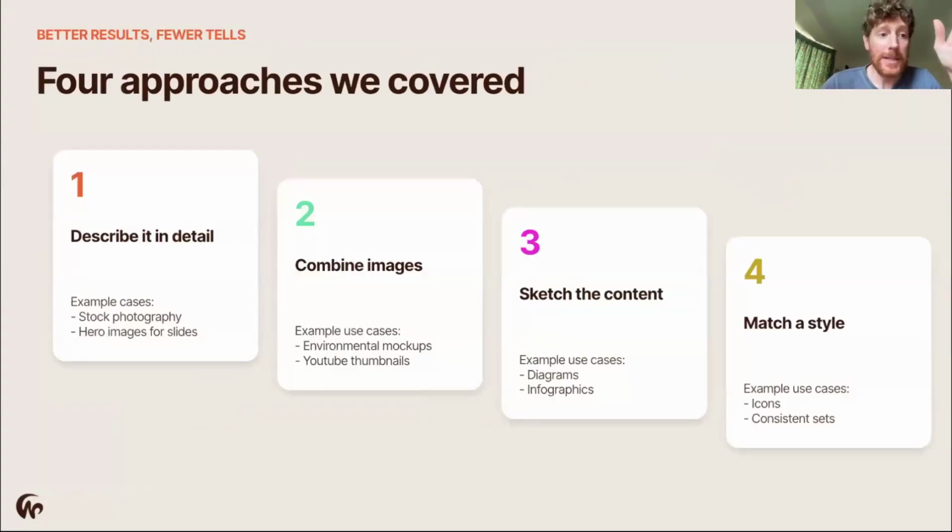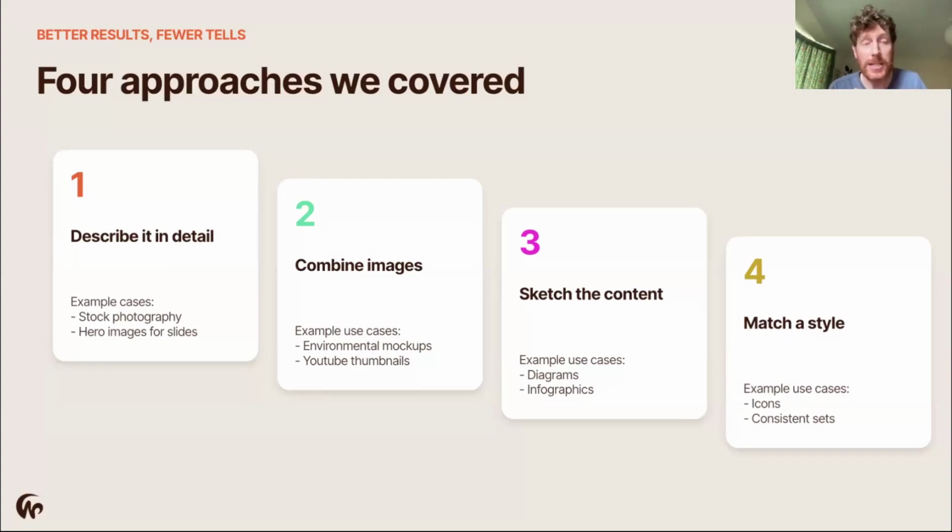And just to recap, there are the 4 main approaches that we covered today. We talked about describing your image in a lot of detail. And that's essential for most image generation, but especially useful if you're creating stock photography or if you want hero images for your slides. We talked about combining multiple reference points into one, great for environmental mockups and YouTube thumbnails and things like that.